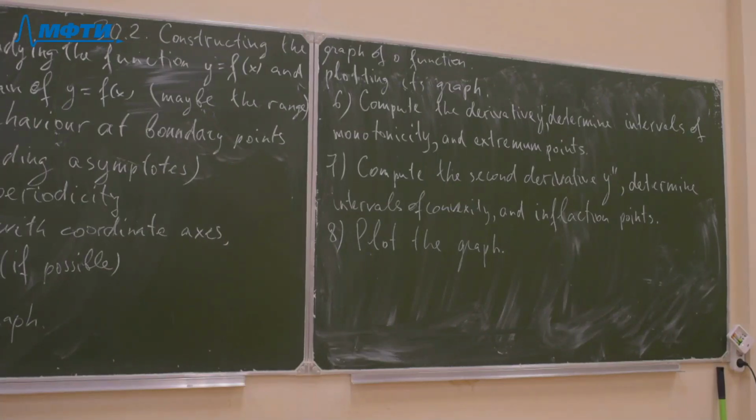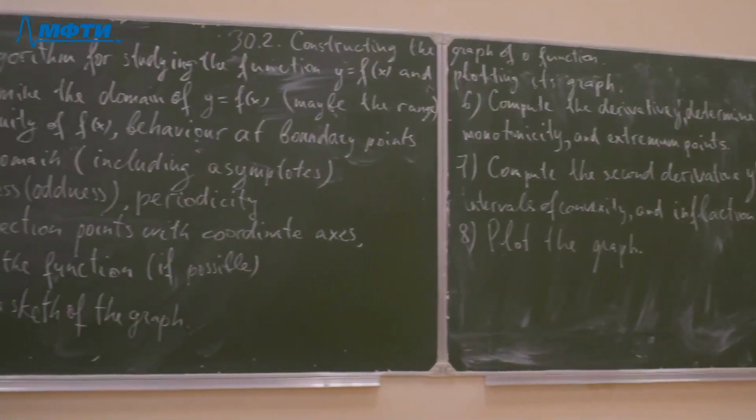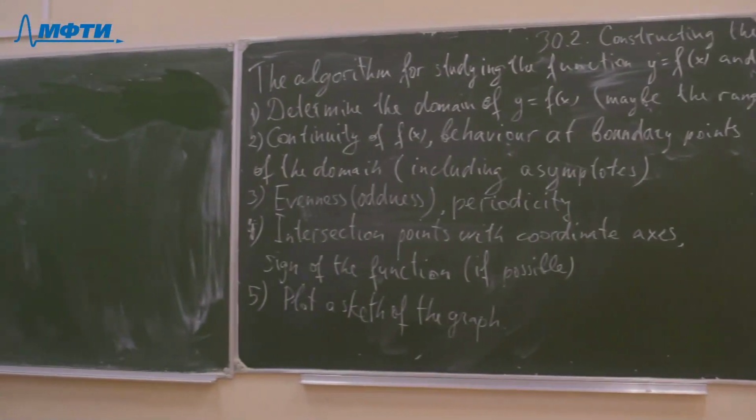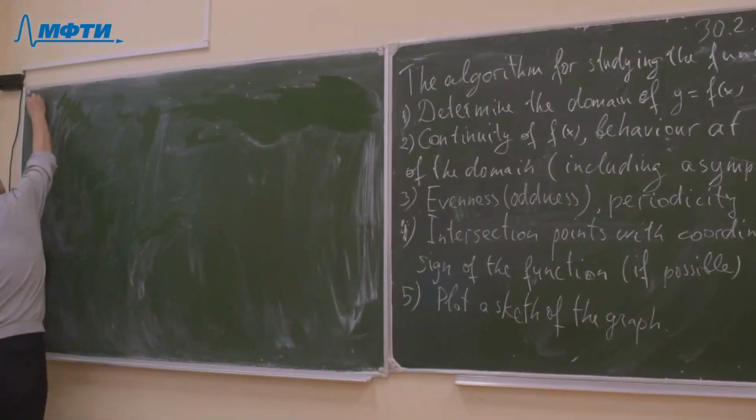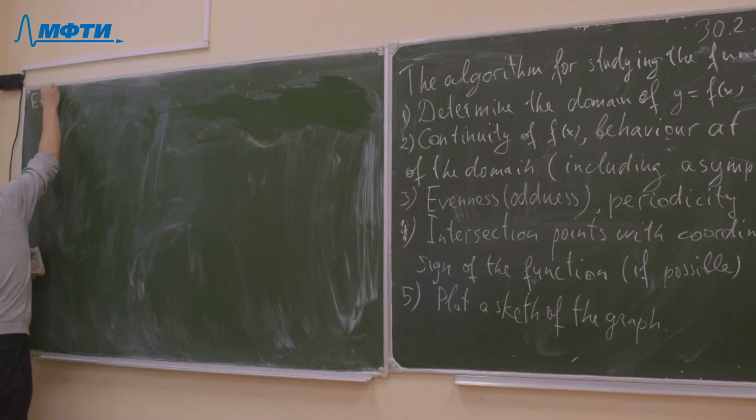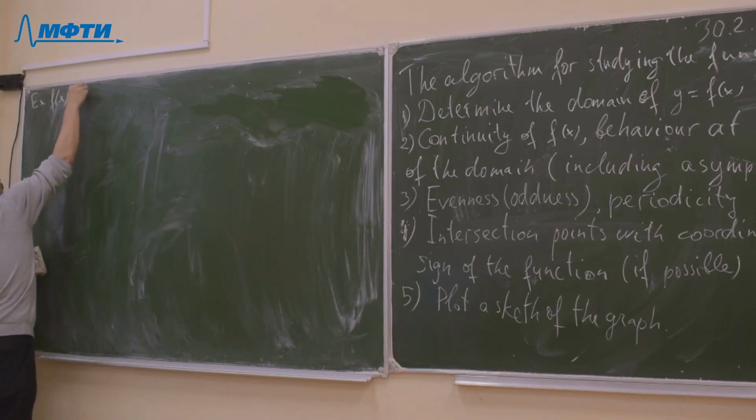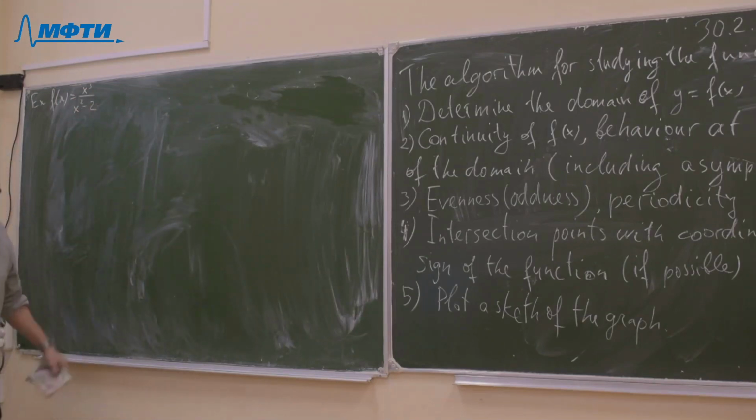Okay, so the example which is given in your lecture notes: f of x is x cubed over x squared minus 2.